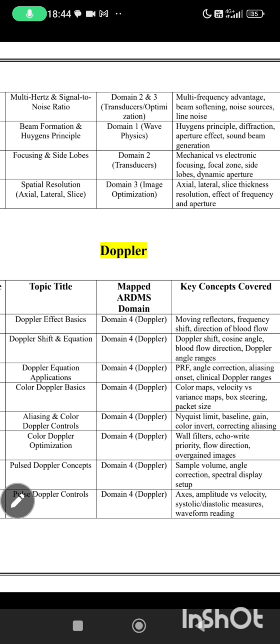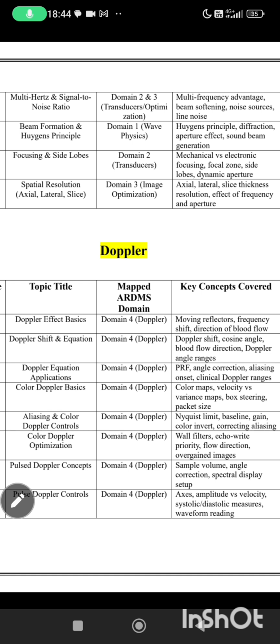When the color box is big, frame rate reduces. Color box small, frame rate increases. Then you must understand the color map, because it's like a GPS which guides you.